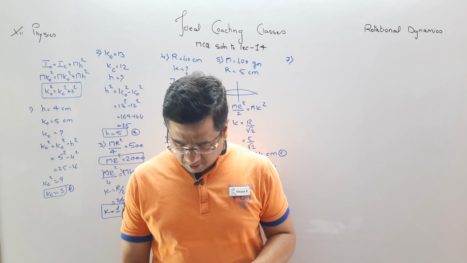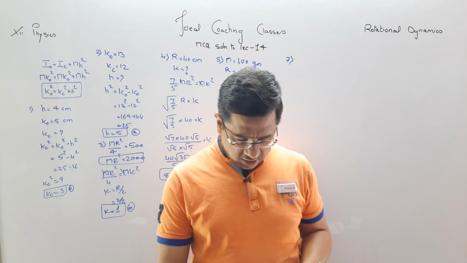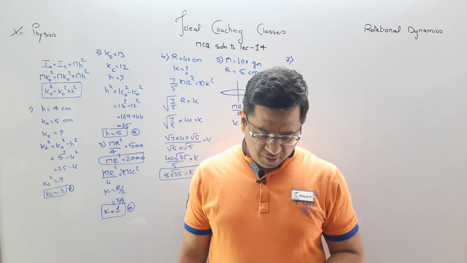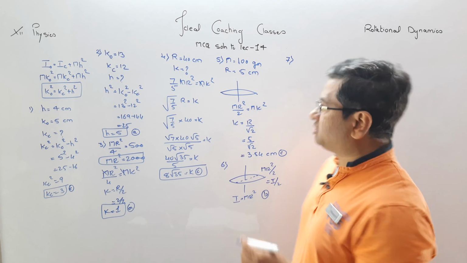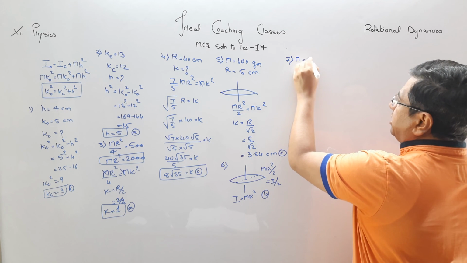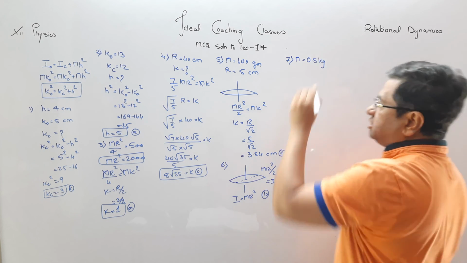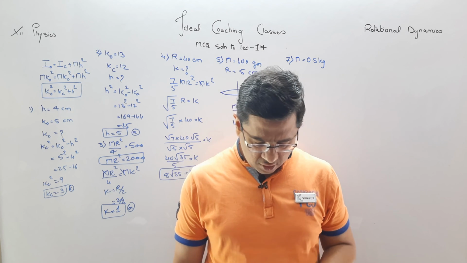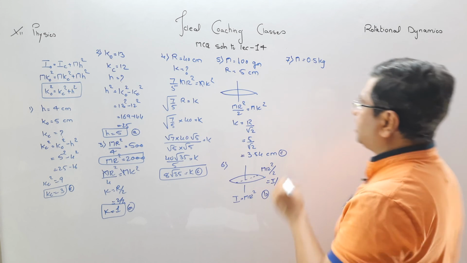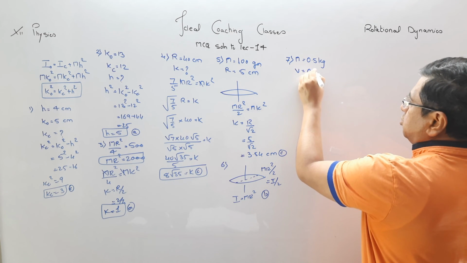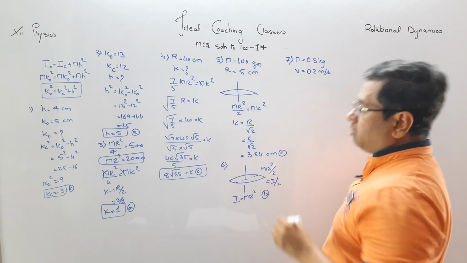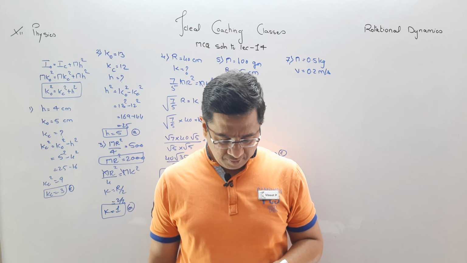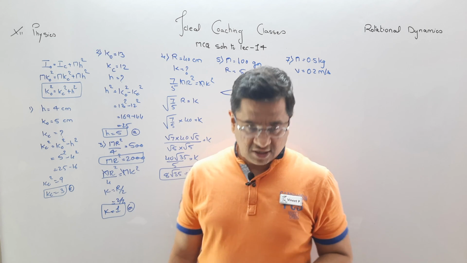सातवें सवाल के बारे में बात करेंगे अभी. सातवां सवाल. If a solid sphere of mass 500 grams, which is 0.5 kg, rolls with a velocity of 20 centimeter per second, 0.2 meter per second, then the rolling kinetic energy is how much?